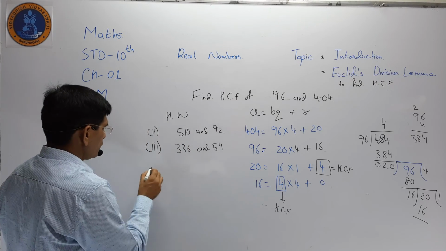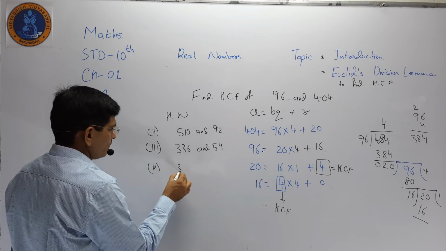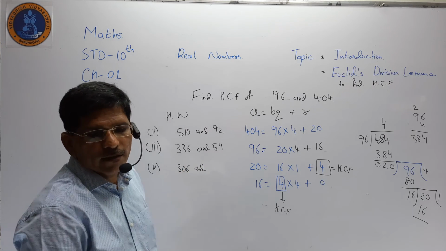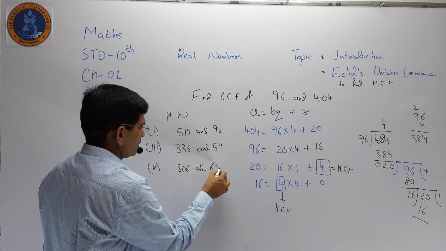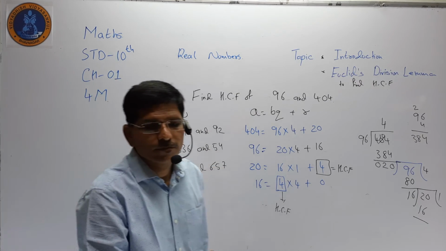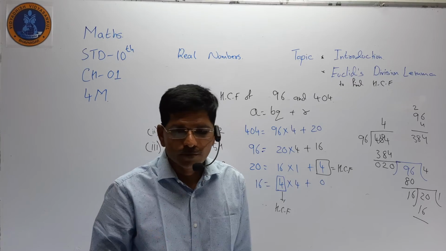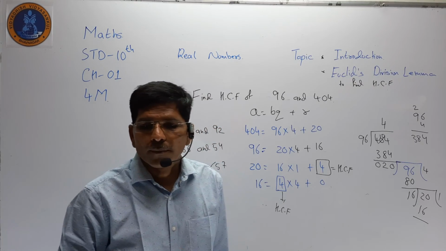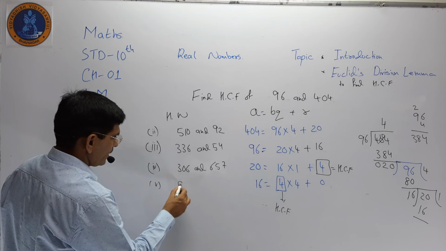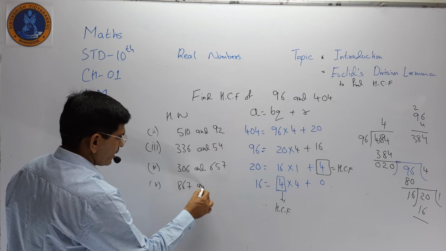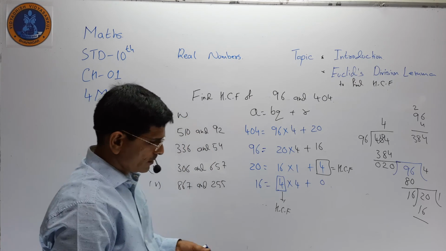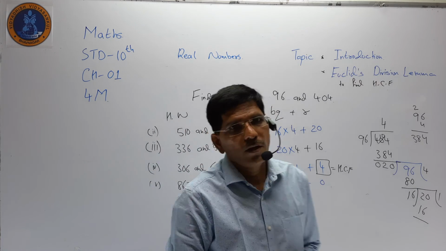306 and 657, 867 and 255. These are what you have to do in homework.